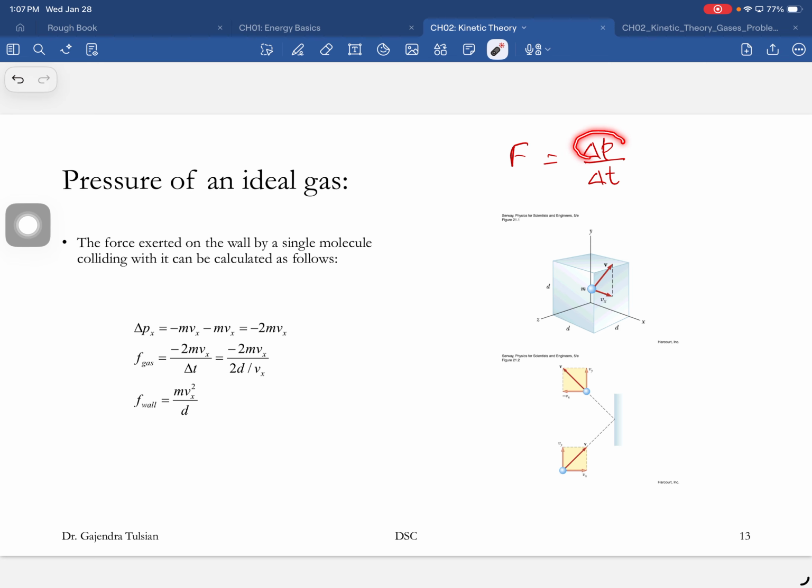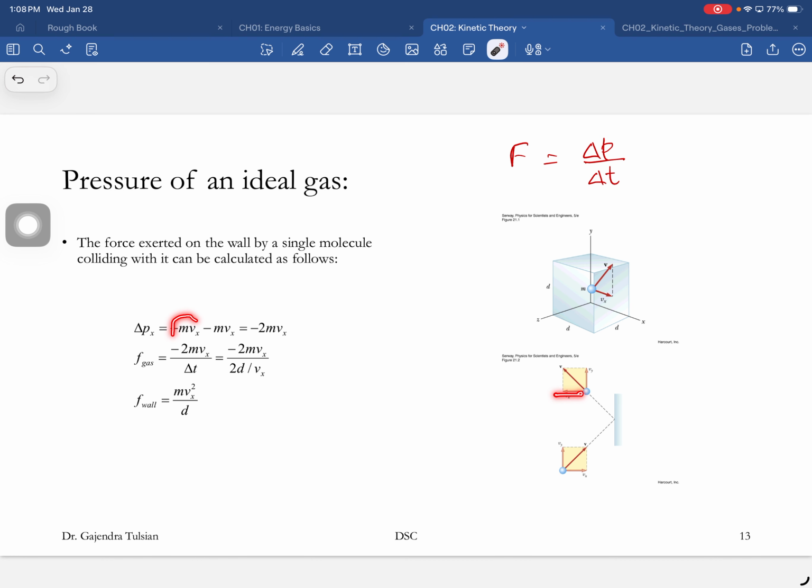This molecule bounces off this wall, goes to the other wall, and then comes back, and then it'll experience another collision. So the relevant time is 2 times the dimension of the box, d, divided by vx. That's the time it takes between collisions. So that's the force on a single gas molecule per collision.